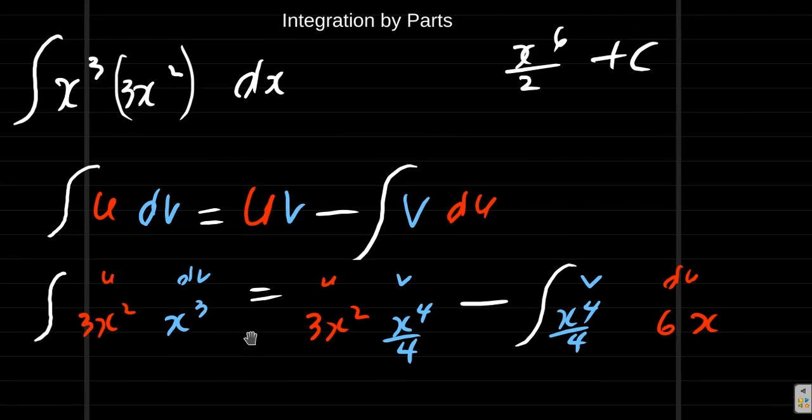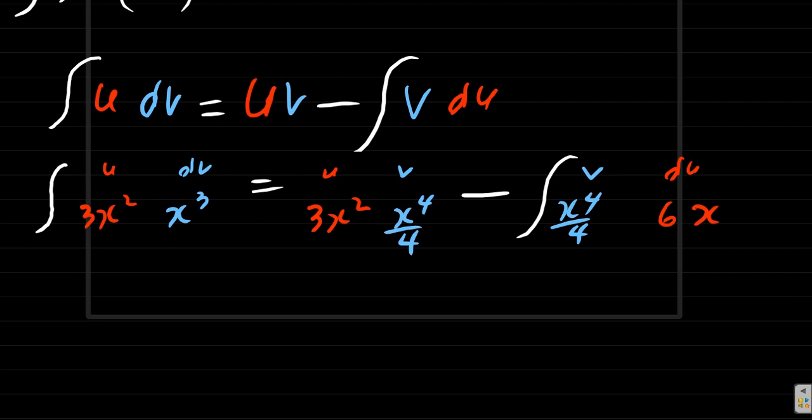Now, what we're going to have here is that this is equal to 3/4 x squared times x to the 4.